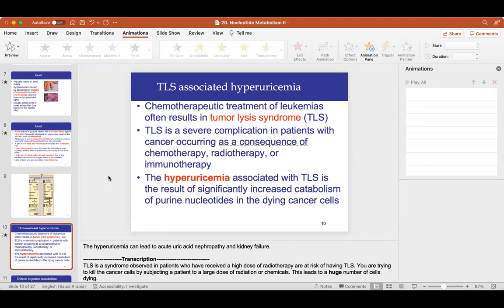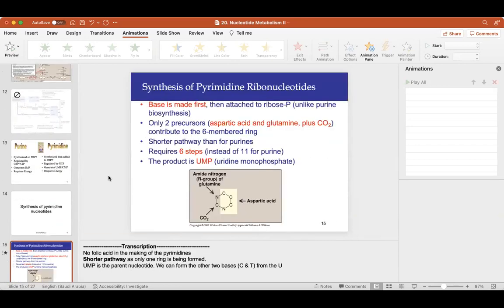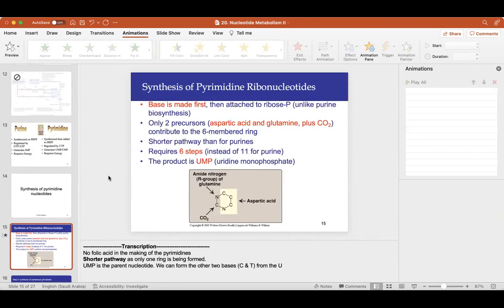TLS-associated hyperuricemia, just understand the concept. The defects in purine metabolism. ADA deficiency, very important. You need to understand where and how this causes an effect. There's a lack of T cells and B cells and NK cells. That's what happens in this disease. As for here, it's important to understand the regulating step.